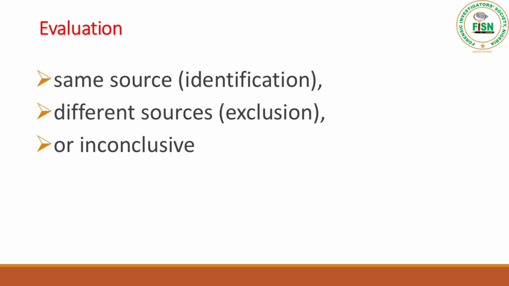Now, from the markings that you have made, you have to reach your conclusion. The first conclusion that you may have is whether they are of the same source. If you have marked the two of them and they have at least 65% similarity, then you will arrive at the conclusion that they are from the same source. That is identification.